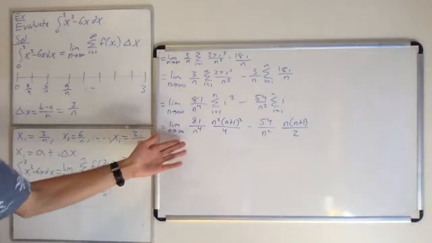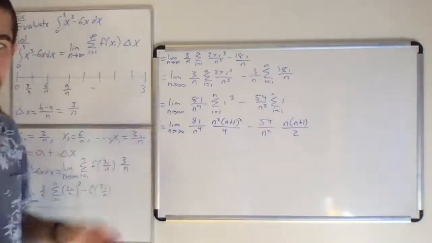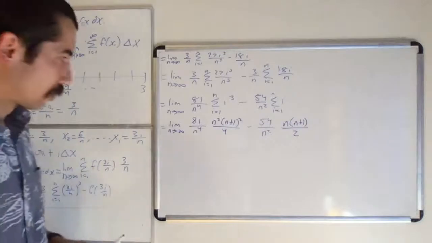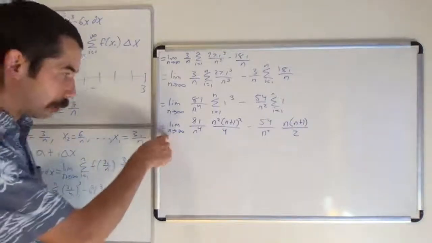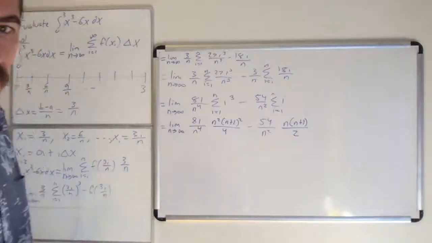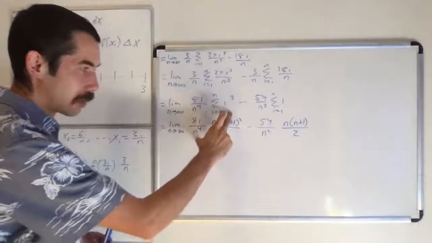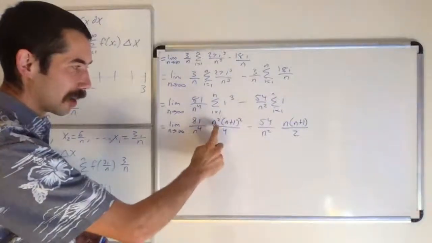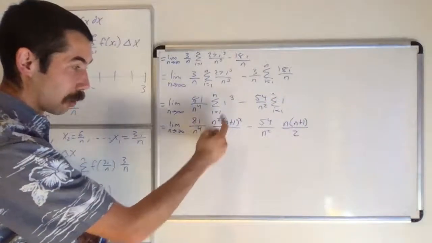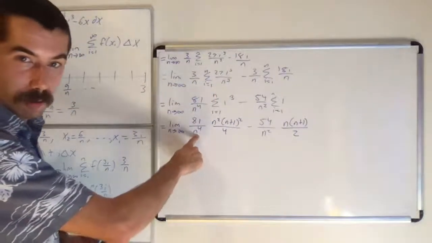Okay, this here is something we definitely know how to evaluate. I mean, we usually see it with x's, or we did when we were first talking about horizontal asymptotes. But this is just a rational function where the degree of the numerator is 4, and the degree of the denominator is also 4.